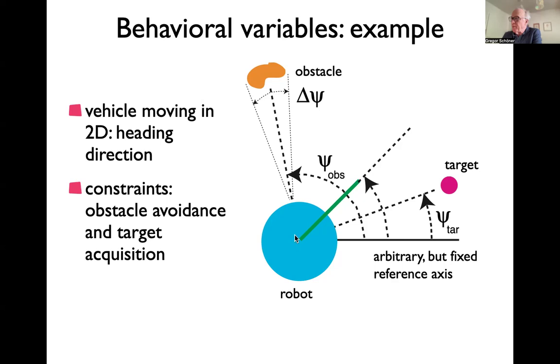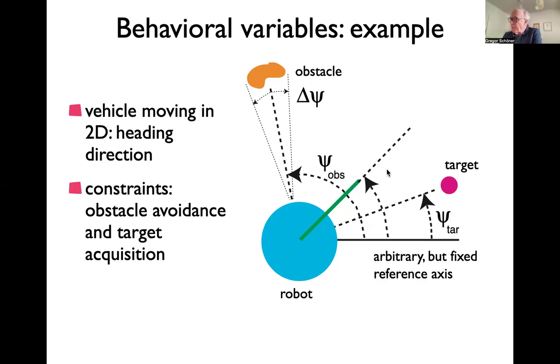These examples, obstacle avoidance and target acquisition, where the variables are heading directions, or some arbitrary world axis from which you have your heading direction. This angle here will be the heading of the vehicle. So it's in an external reference frame, but the reference frame is arbitrary. You don't actually need to estimate it.